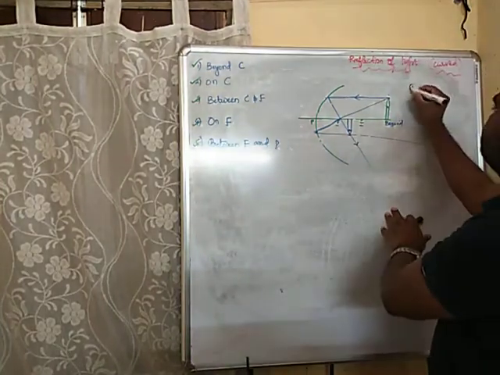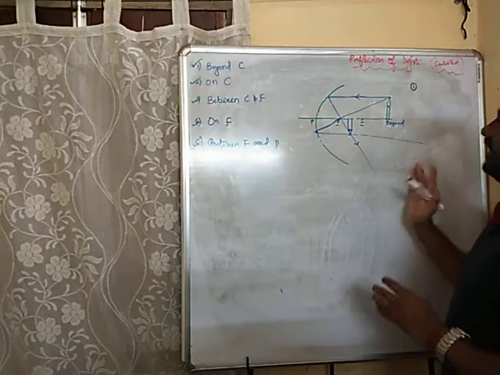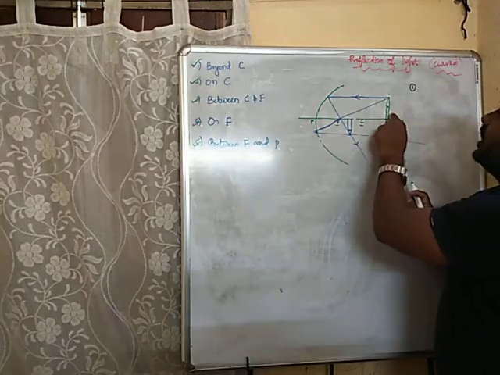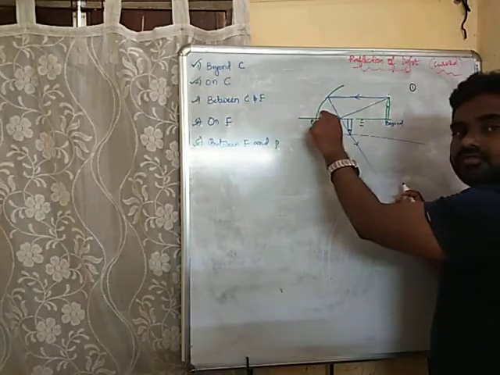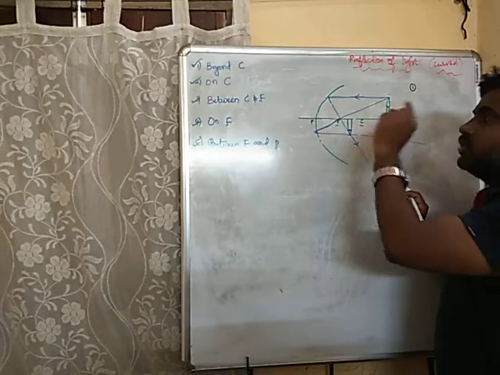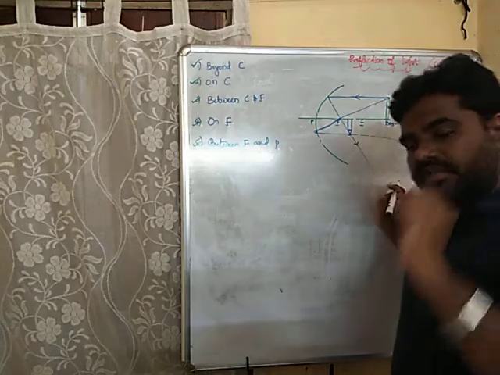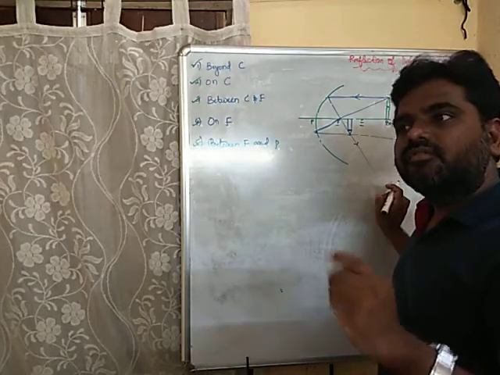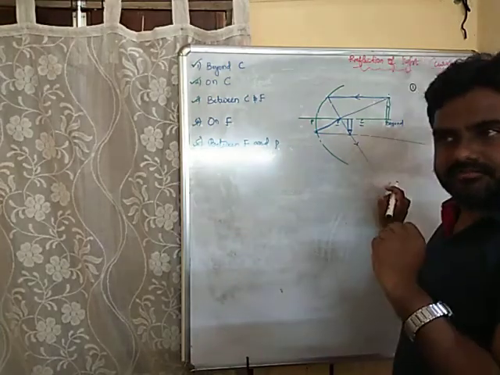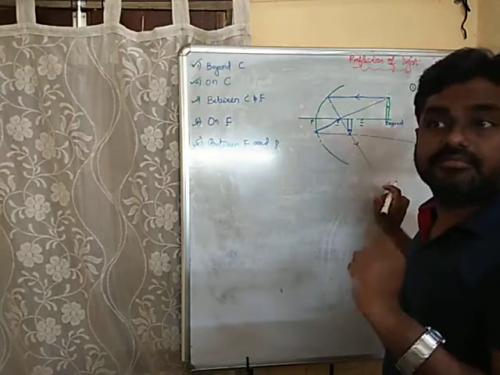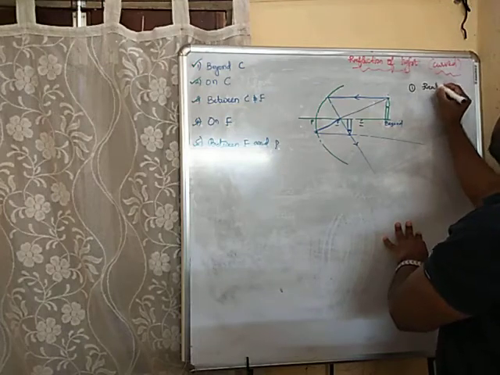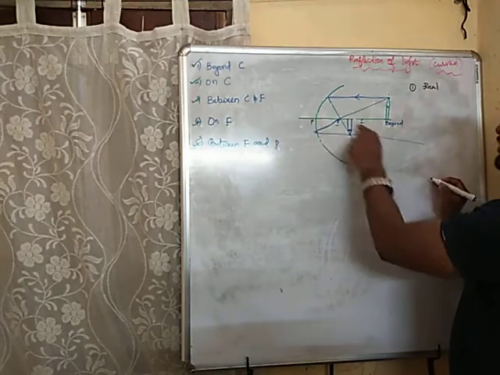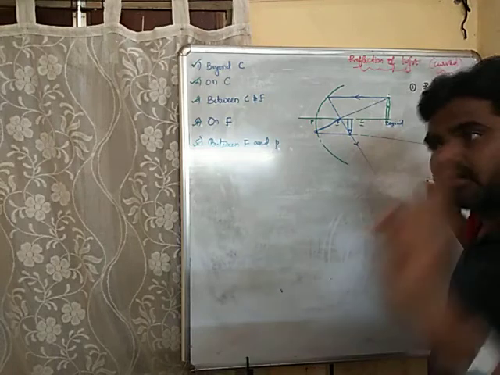Now let us write the characteristics of this image, how the image will be. First thing, once you observe carefully, the object is in front of the mirror, right? And the image also is in front of the mirror. We have learned that when an image falls in front of the mirror and can be caught on the screen, then the type of image is called real. Yes, our image is in front of the mirror, hence it's a real image.